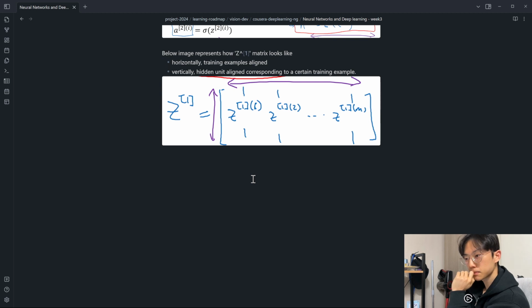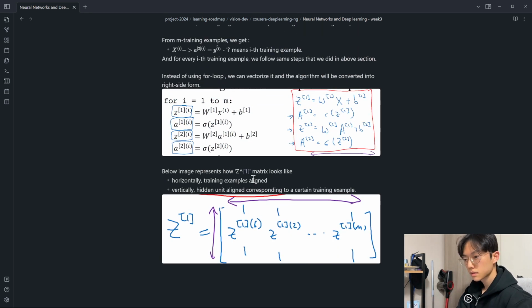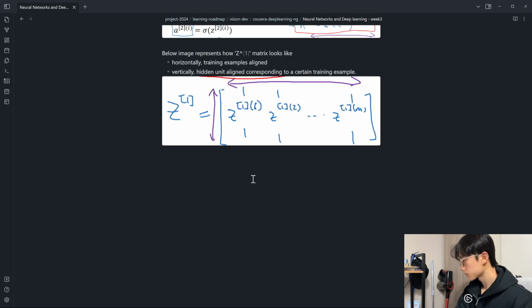Just to simplify the explanation on this slide, I'm going to ignore the b's. Let's just say that b is equal to 0. But the argument I'm going to lay out will work with just a little bit of a change, even when b is non-zero.